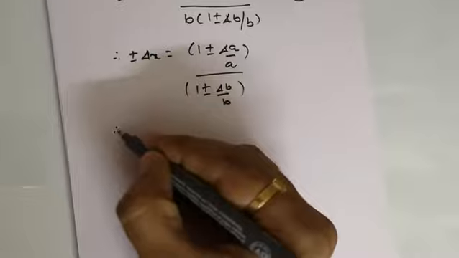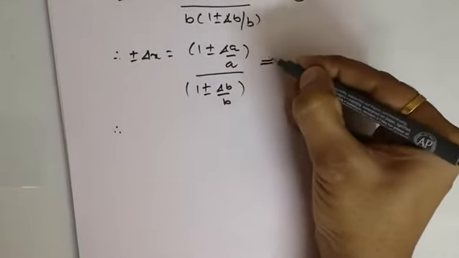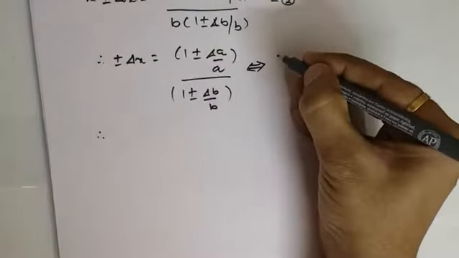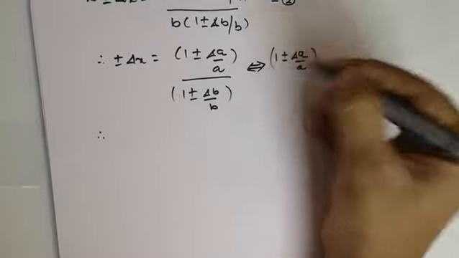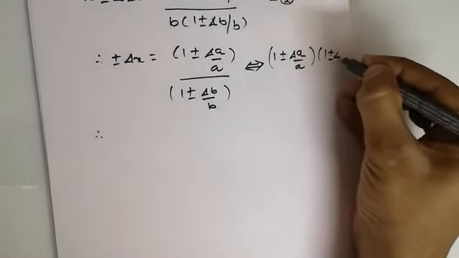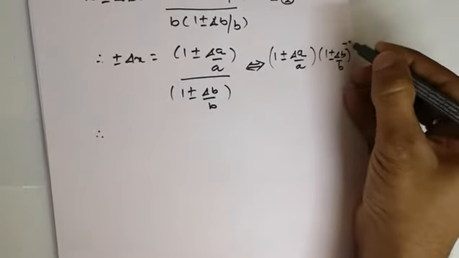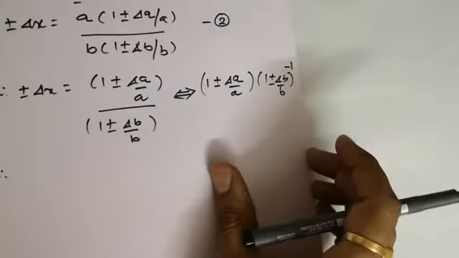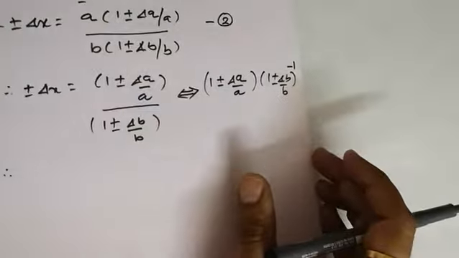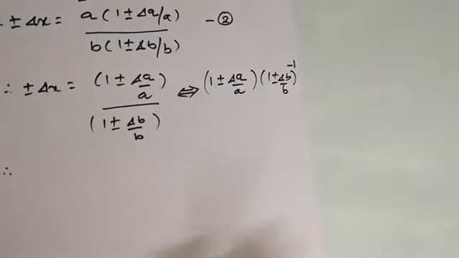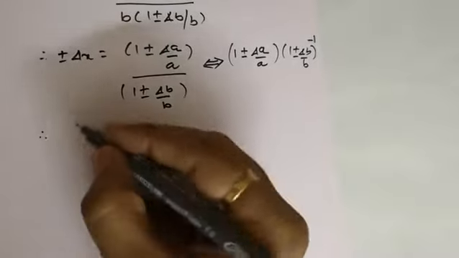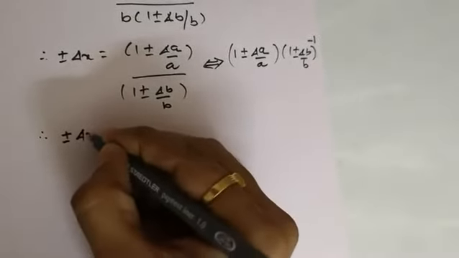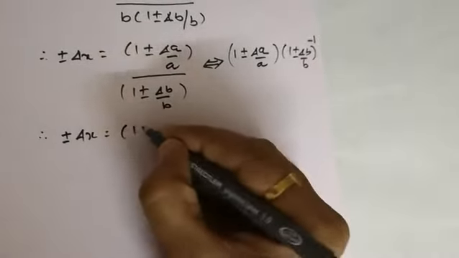For simplicity, we can also write this as 1 plus or minus delta a by a times 1 plus or minus delta b by b raised to minus 1. But I want to remove this inverse symbol. So what I am doing is taking the reciprocal of delta b by b, but we have the plus or minus sign already available, so I'm utilizing it.